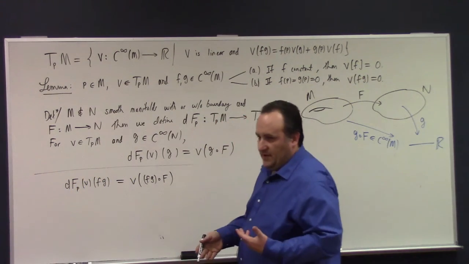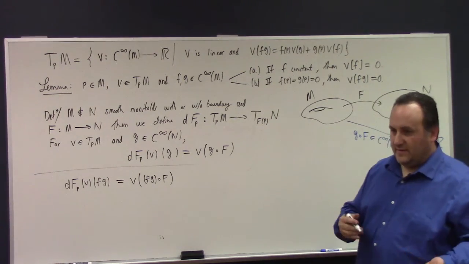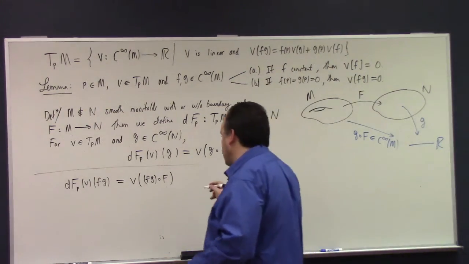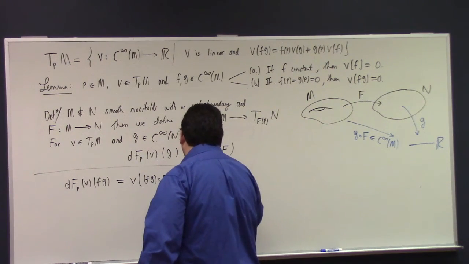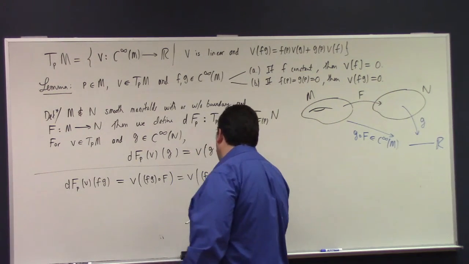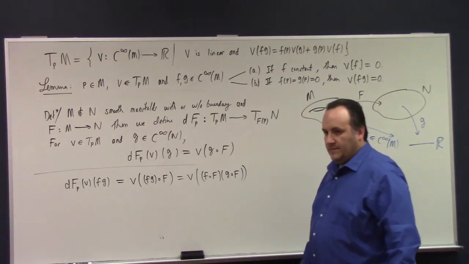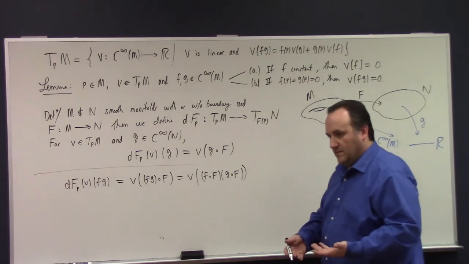But we went through this the other day. When we have a product composed, it ends up being the product of the compositions. So this is nothing more than V acting on F composed with big F times G composed with big F, right? But how does that work? Well, V is a derivation, right?